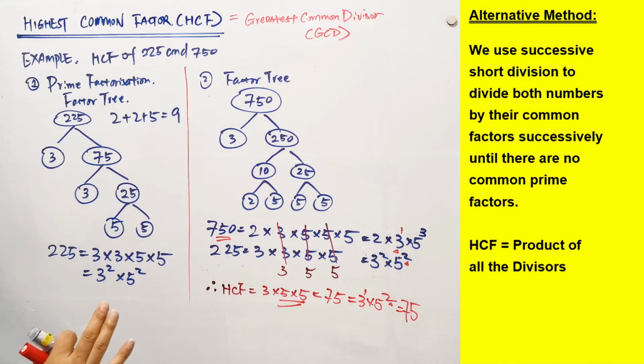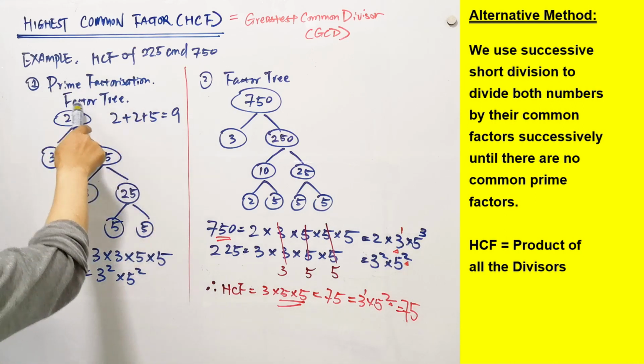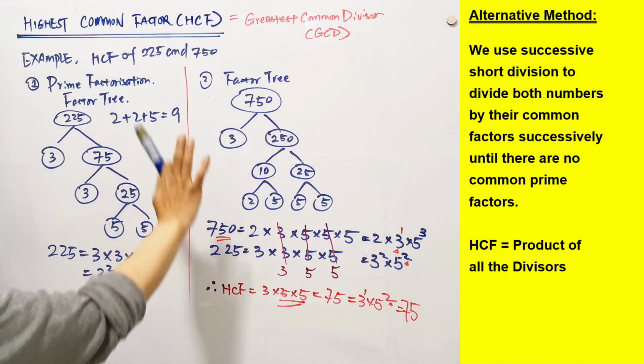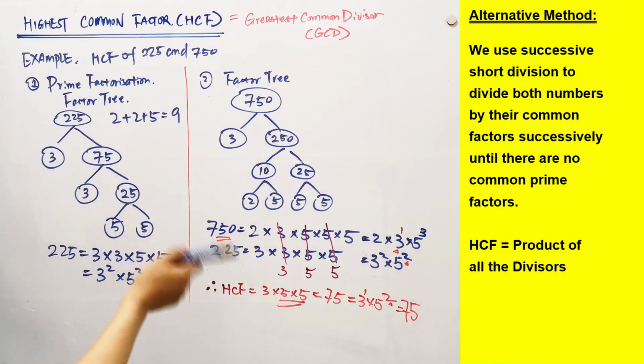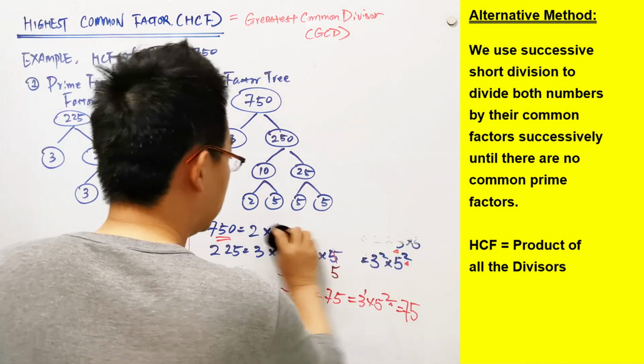Basically, we also have an alternative method to resolve this question. Now here we're using the prime factorizations based on the factor trees. We can resolve this question, right? So now we use the alternative method. Let's look at how to resolve it in the alternative method.